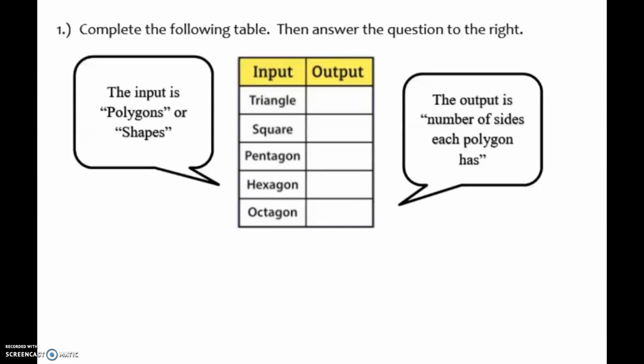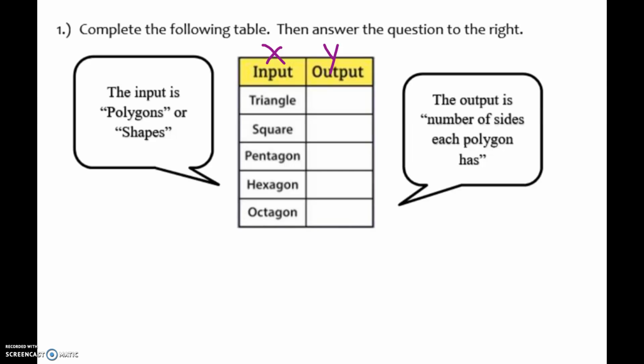Now let's look at a different representation of a function. So we're looking at this input-output table where the input, we've said now multiple times, is our X, and the output is our Y. So if the inputs in this table represent polygons or shapes, and the output represents the number of sides each polygon has, pause the video and take a second to fill in the output column based on what you know about the shapes in the left column.